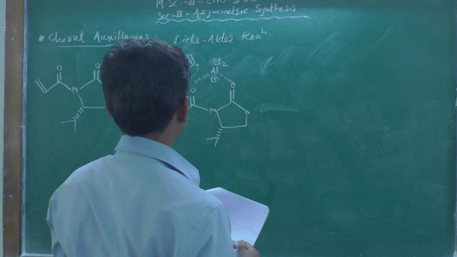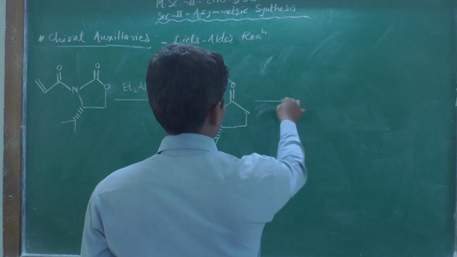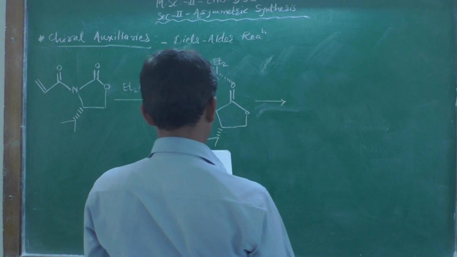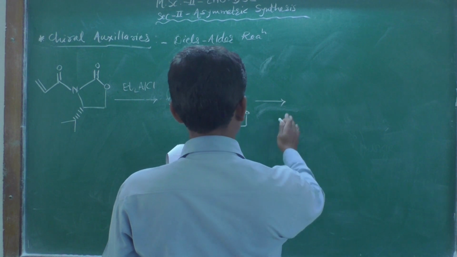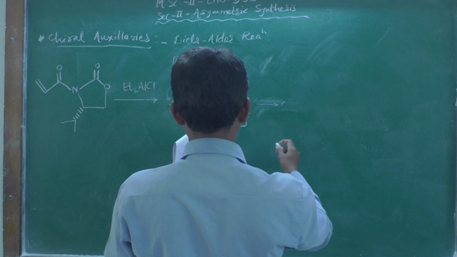A cyclic rotation of these pi electrons takes place, and the orientation of this diene and dienophile will be like this.